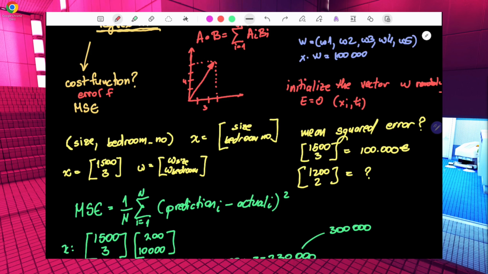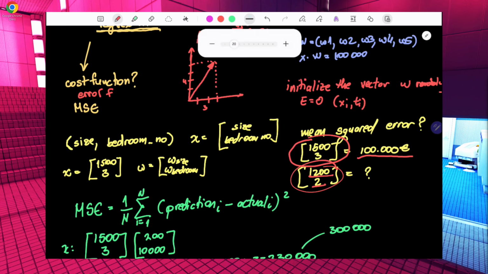And now, for example, if a house that has these parameters costs 100,000 euros, I'm wondering what the house that has these many square meters and these many bedrooms will cost.